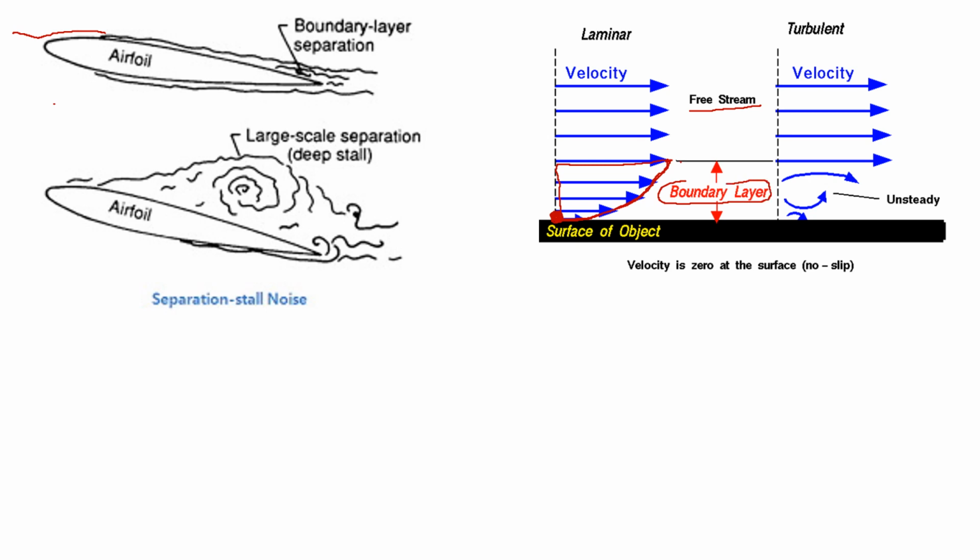That velocity profile is called the boundary layer.